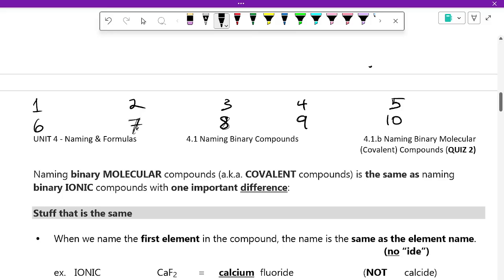Octa. No. Sorry, no. So you just write them down. One is mono. Okay, I'll let you guys finish the rest of them before we go over it together.